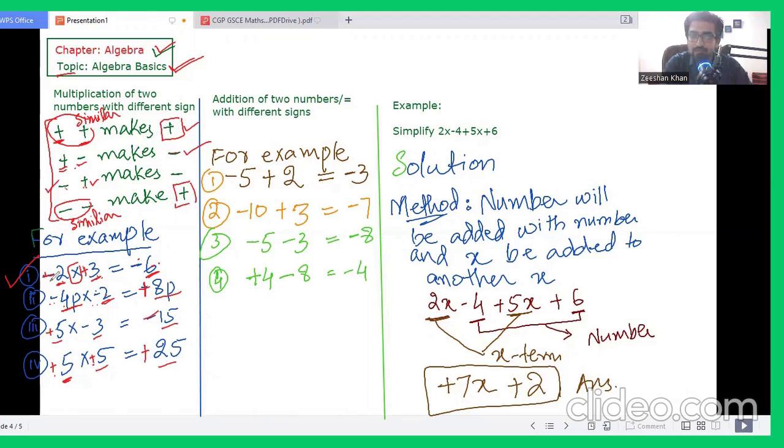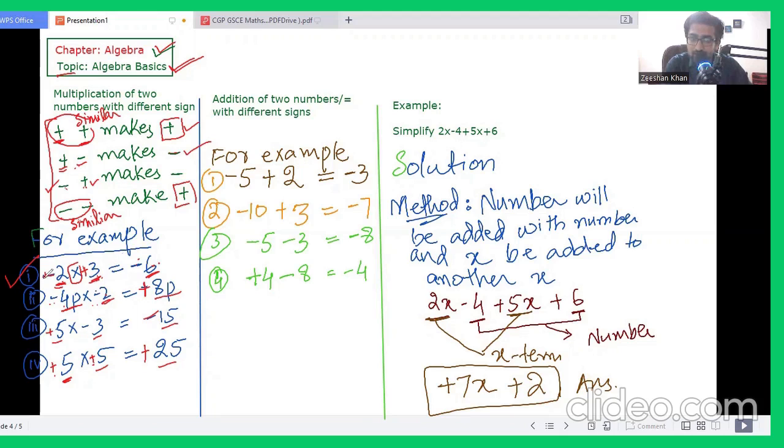So first of all, let's take -3 times +3. In order to solve these types of numbers, first you will multiply this 3 with that 3. So 3 times 3 is 9. Now, when you are done with multiplication, you have to write the appropriate sign.